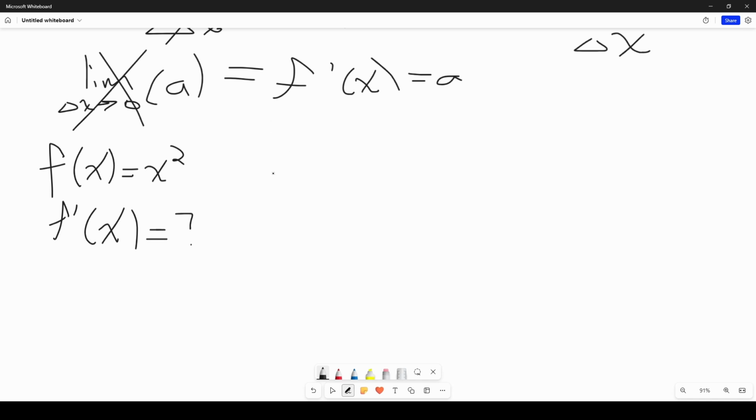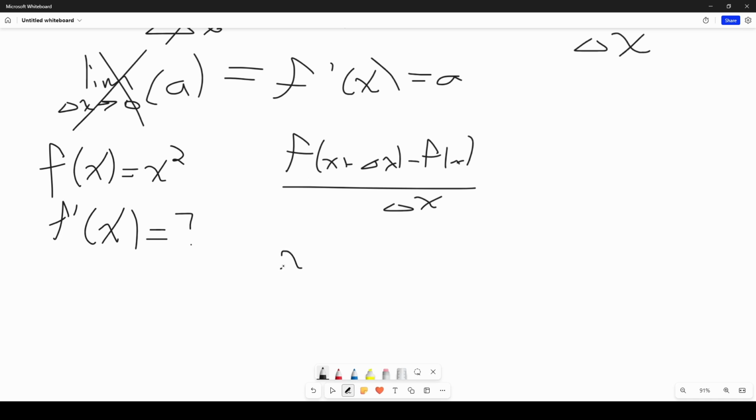So we're going to get f of x plus delta x minus f of x over delta x. So what's x plus delta x squared? It's x squared plus 2x delta x plus delta x squared.